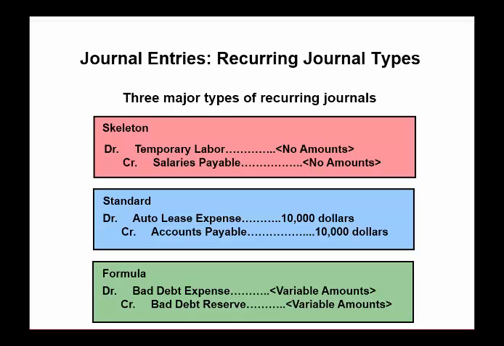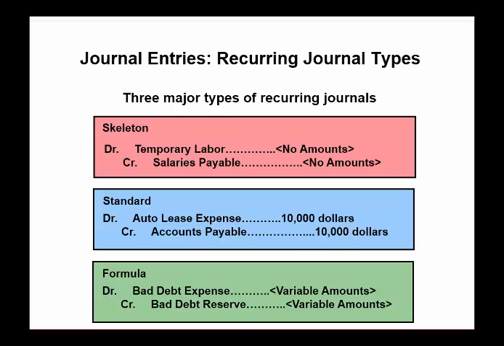Now, if I know the exact amount and I know the account that I will be posting, then that's a standard recurring journal entry. An example, as we said, is the depreciation charges or an auto lease expense. If you are leasing a vehicle, every month you are paying a specific amount that will not change.